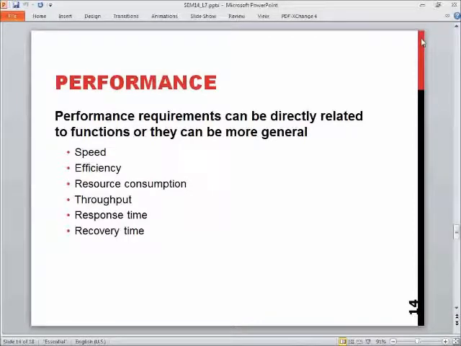Everything that has to do with how many resources the system needs to operate fluently or actually function or load itself and so on. Since today's case is more or less about mobile platforms and mobile applications, I'd say that resource consumption, for example, is one thing that you should pay attention to.